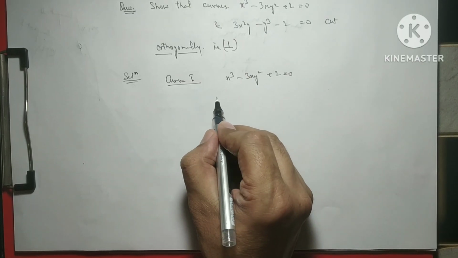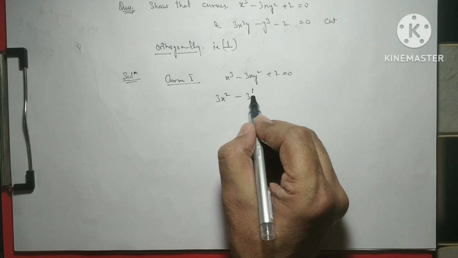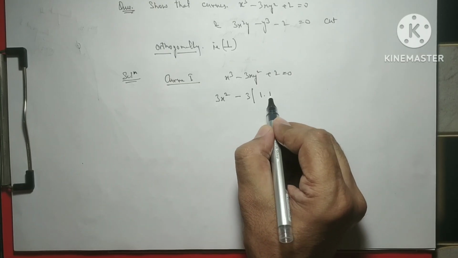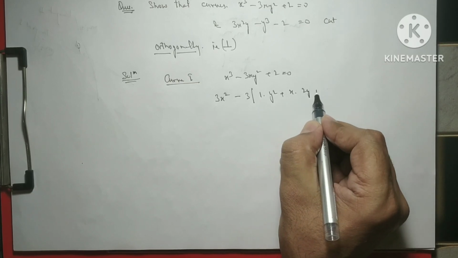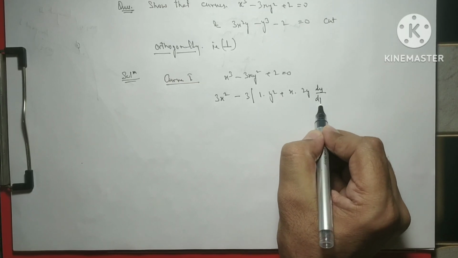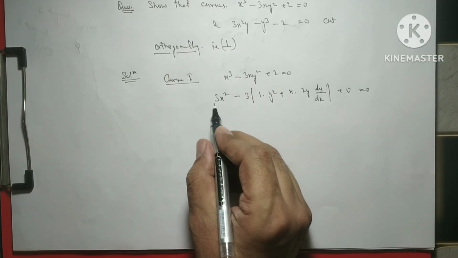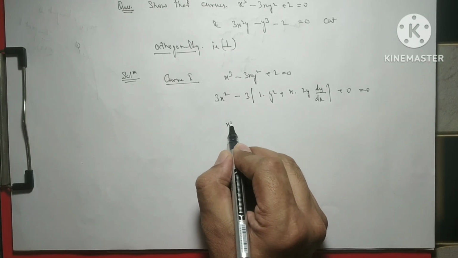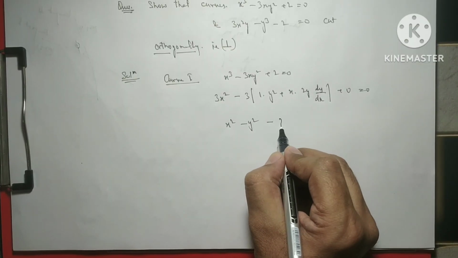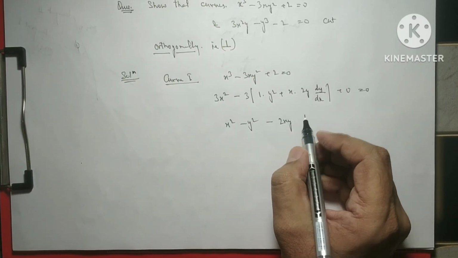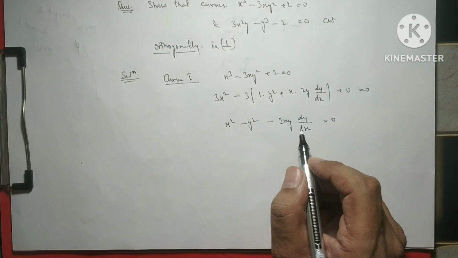So on differentiation, we have 3x square minus 3 into x into 2y dy over dx plus 0 equals to 0. So 3 is also cancelling. So x square minus y square minus 2xy dy over dx equals to 0.